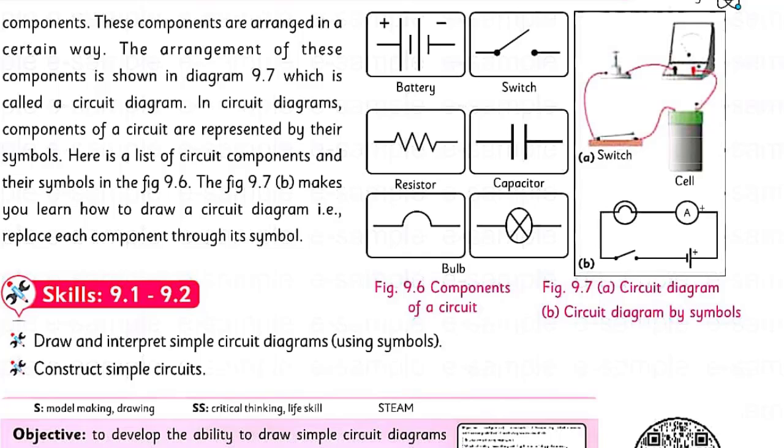In circuit diagrams, components of a circuit are represented by their symbols. Here is a list of circuit components and their symbols in Figure 9.6. Figure 9.7 shows how to draw a circuit diagram, i.e., replace each component with its symbol.